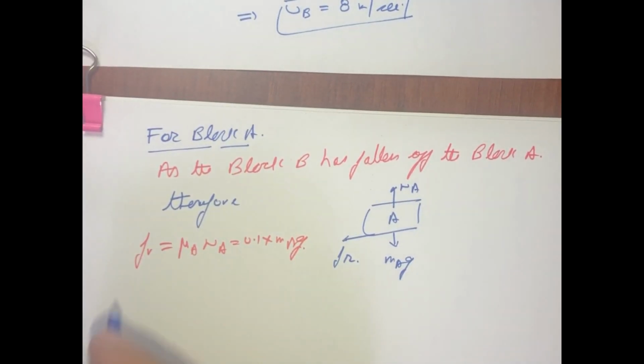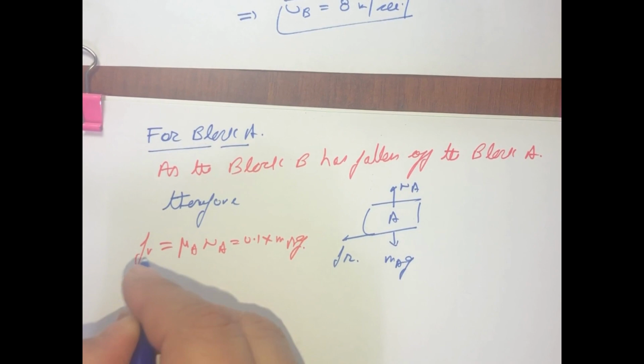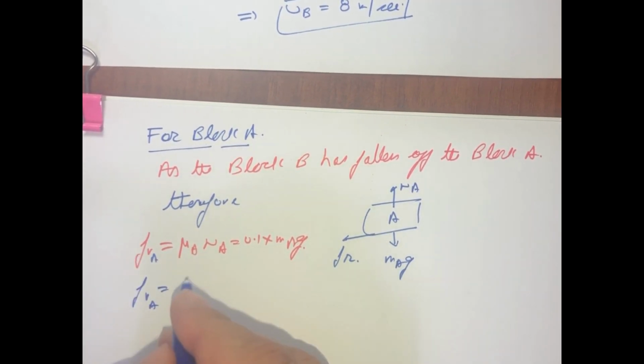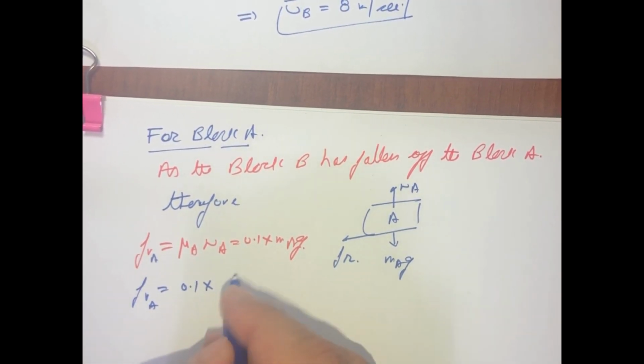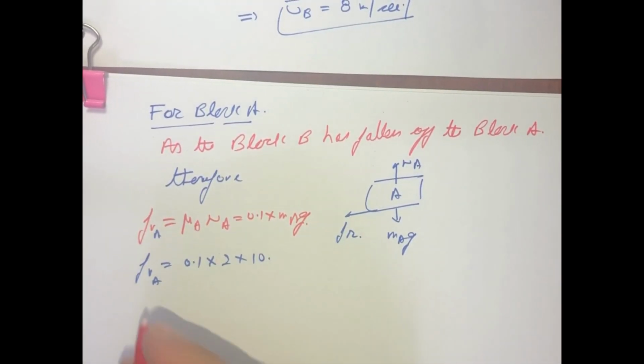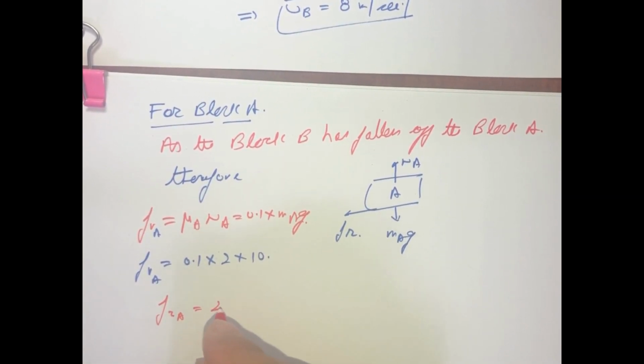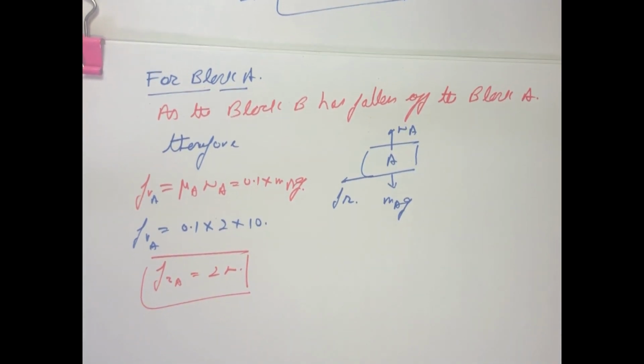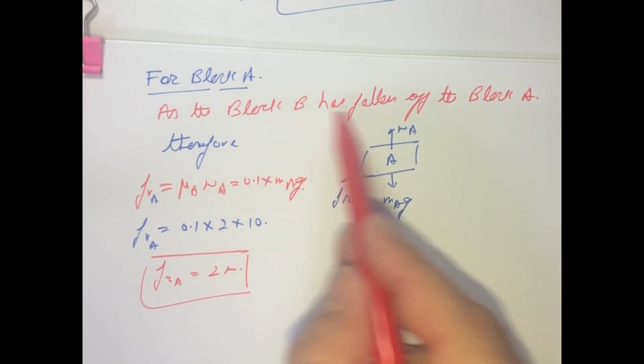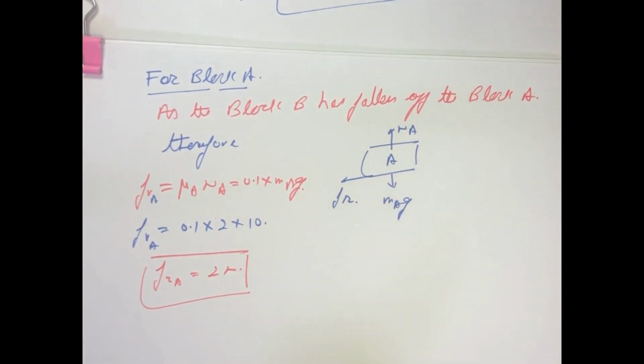So we get FRA is equal to 0.1 into 2 into 10, so FRA is equal to 2 Newton. This is the value of the friction for block A when block B has fallen off the block.